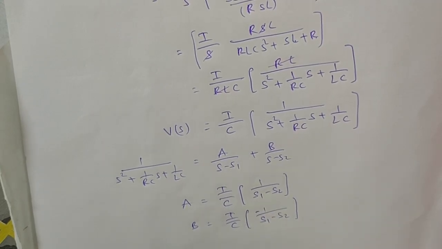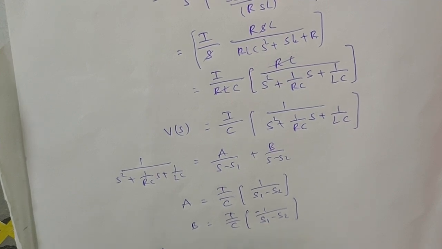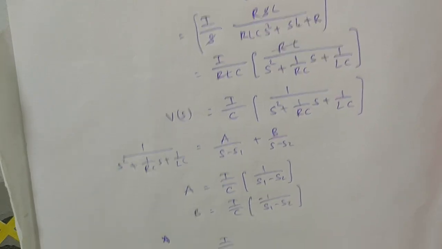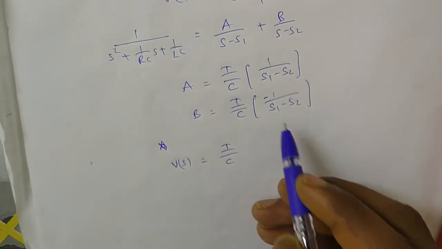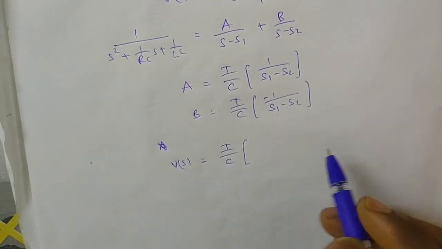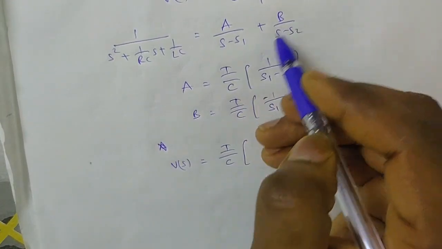So overall, if you place these here, V of s will be 1 by C, in place of this we will write a by b.